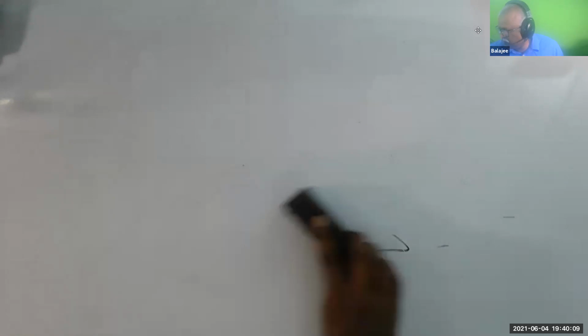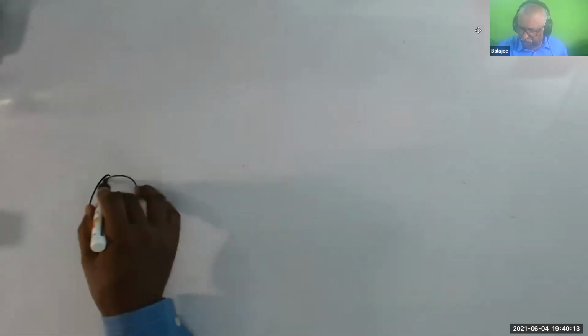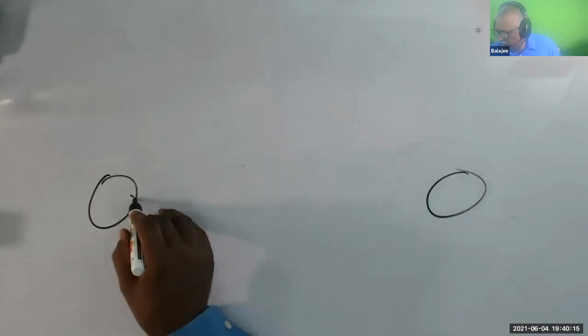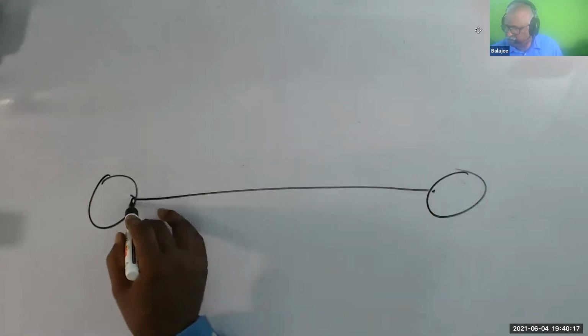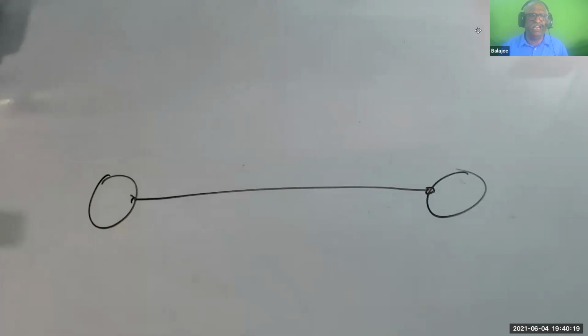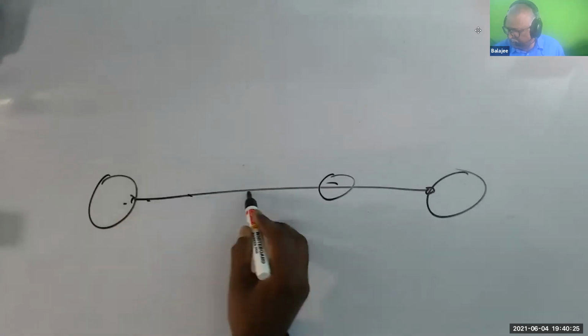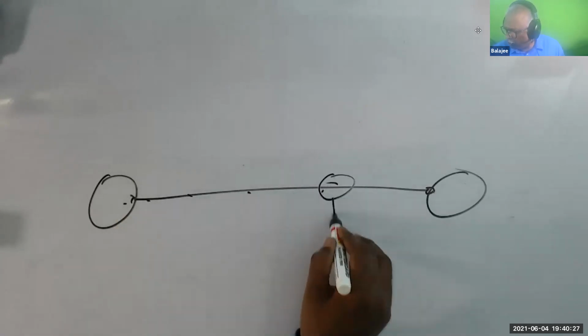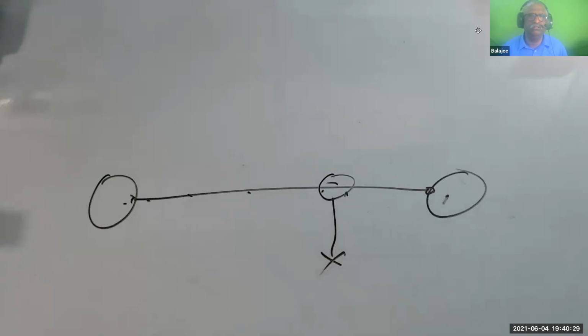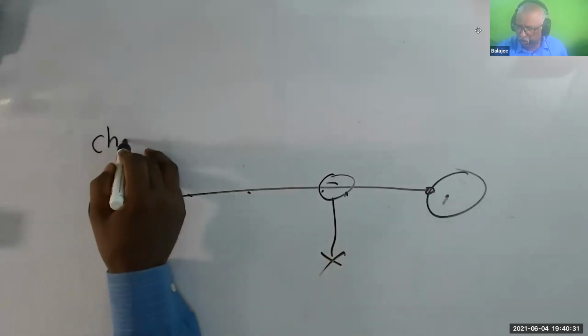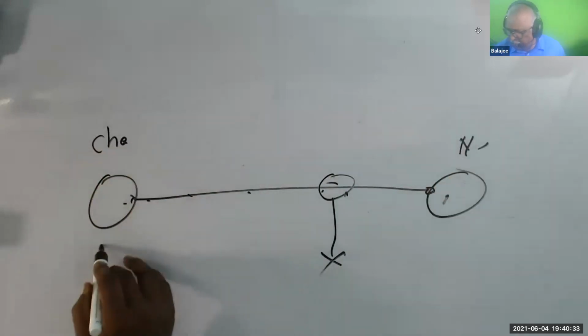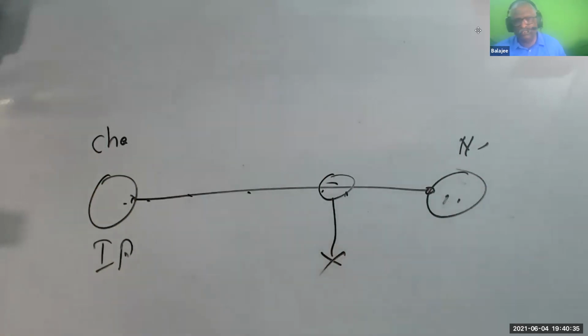The problem is, let us say the packet goes from here to there. If it takes more time, somebody in between says, oh, this packet is taking a long time, and they will drop the packet. It will not reach at all. From your Chennai machine to New York, you could have sent the IP packet and it would have been lost.